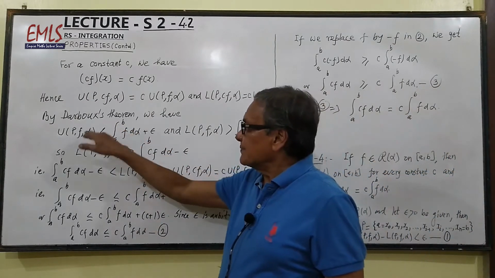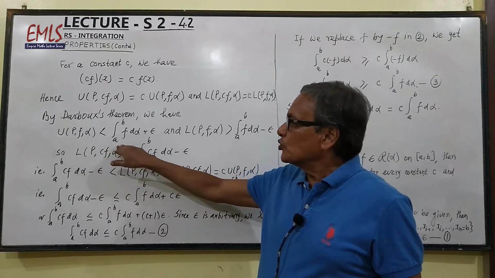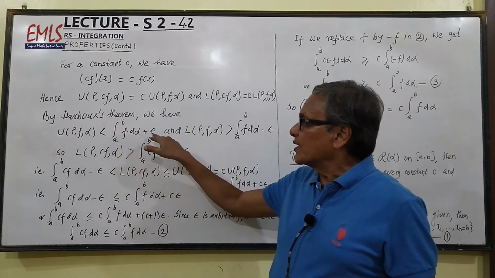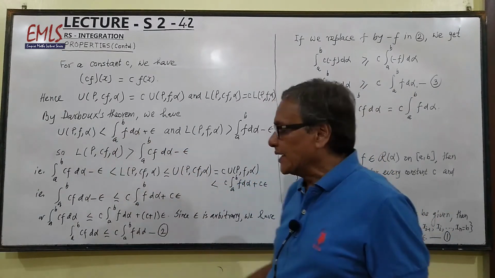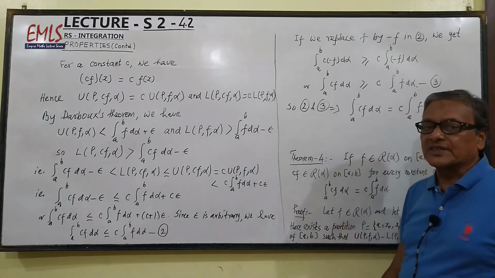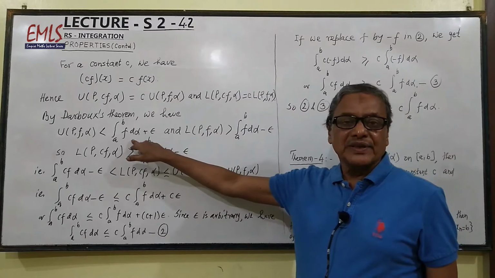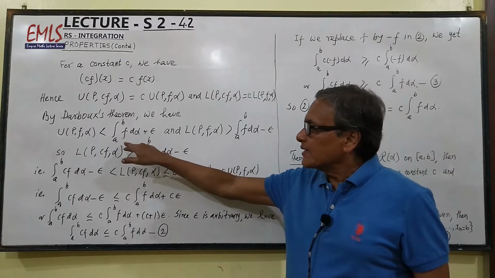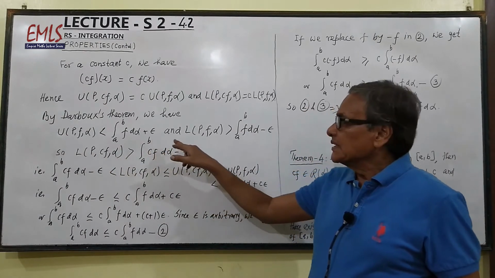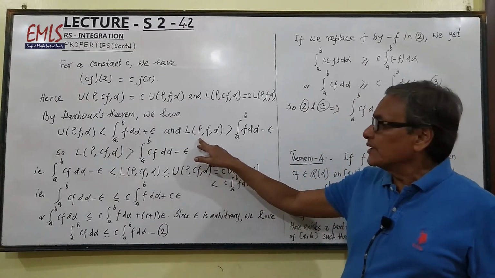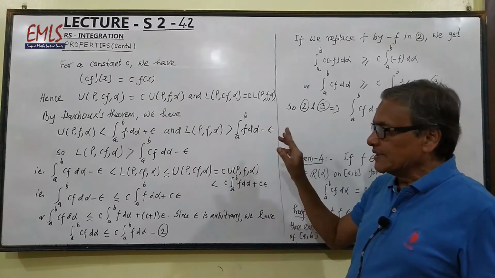By Riemann's theorem, we have U(P, f, alpha) less than the upper integral of f d alpha plus epsilon, but here we write the integral from a to b of f d alpha because f is integrable, so the upper integral equals the lower integral equals the integral of f d alpha. So we write U(P, f, alpha) less than the integral from a to b of f d alpha plus epsilon, and the lower sum L(P, f, alpha) will be greater than the integral of f d alpha minus epsilon.